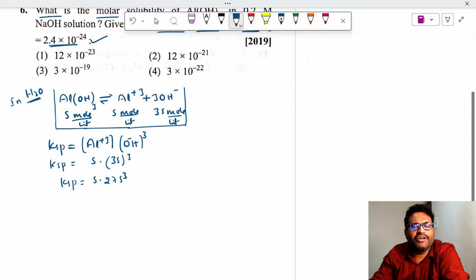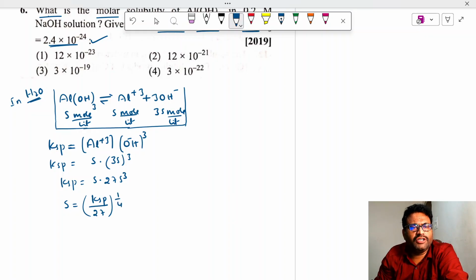Then what do you get? S is equal to Ksp by 27 whole power 1 by 4. Ksp is already given: 2.4 into 10 power minus 24, by 27, whole power 1 by 4.